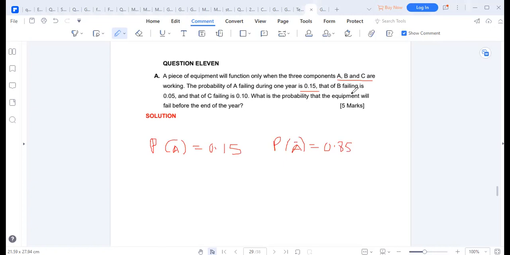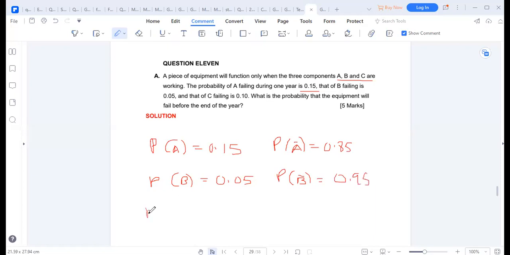Then also we are told that the probability that B will fail is 0.05. So the two must add up to 100, the B and its complement. So if B will fail at 0.05, what's the probability that B will work? It is the complement of B, so B working is 95% or 0.95.